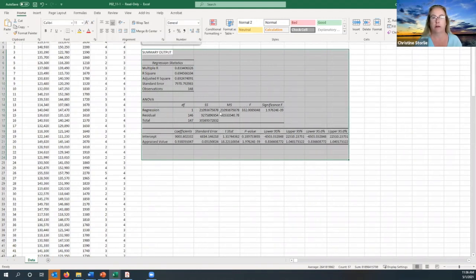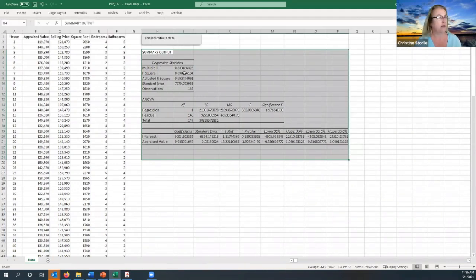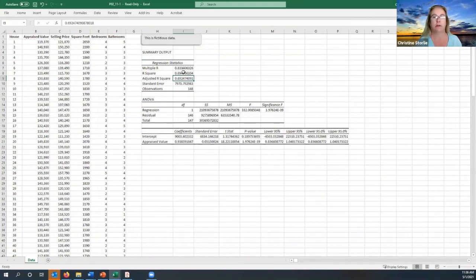All right. So the main thing is that they asked us about the strength and the direction of the relationship. This is the Pearson correlation coefficient. We first talked about the Pearson correlation coefficient in chapter 3, right?